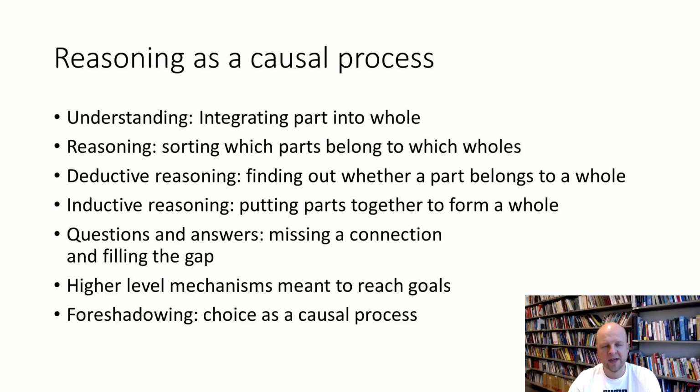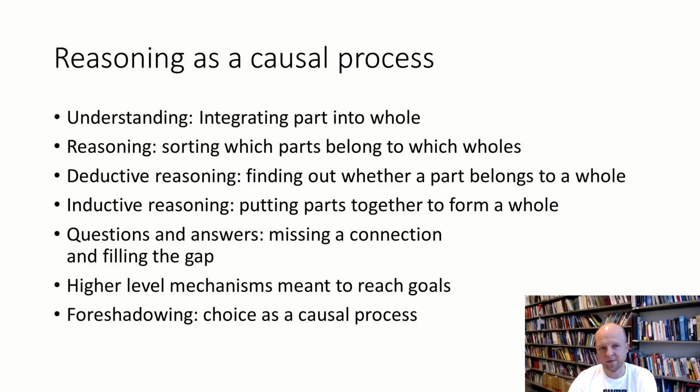So okay, let's start by remembering that the brain connects parts into wholes, as we saw in the previous video. And remember also how we looked in an old video at understanding, that understanding something is to take it apart and integrate it into a larger theoretical framework. So fit it into a whole. And so I said if you can find this larger whole that it fits into, then you understand it.